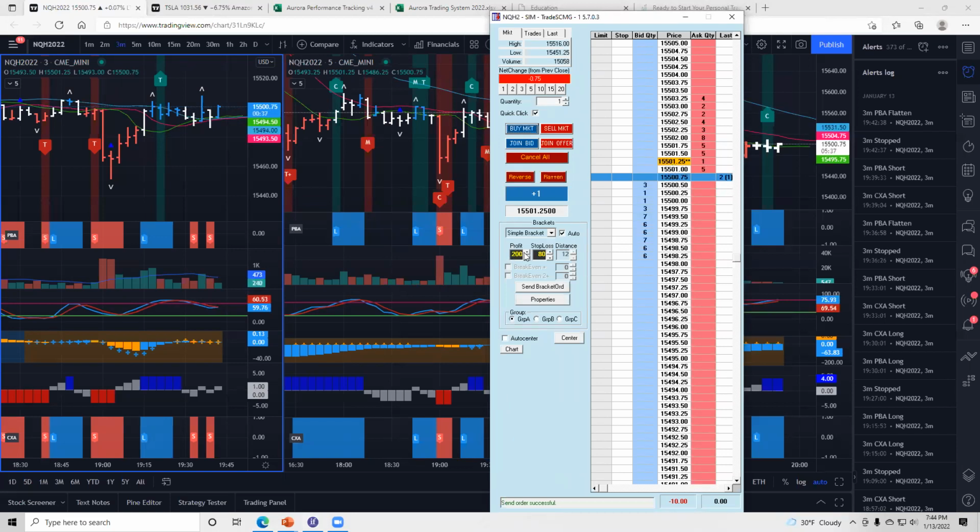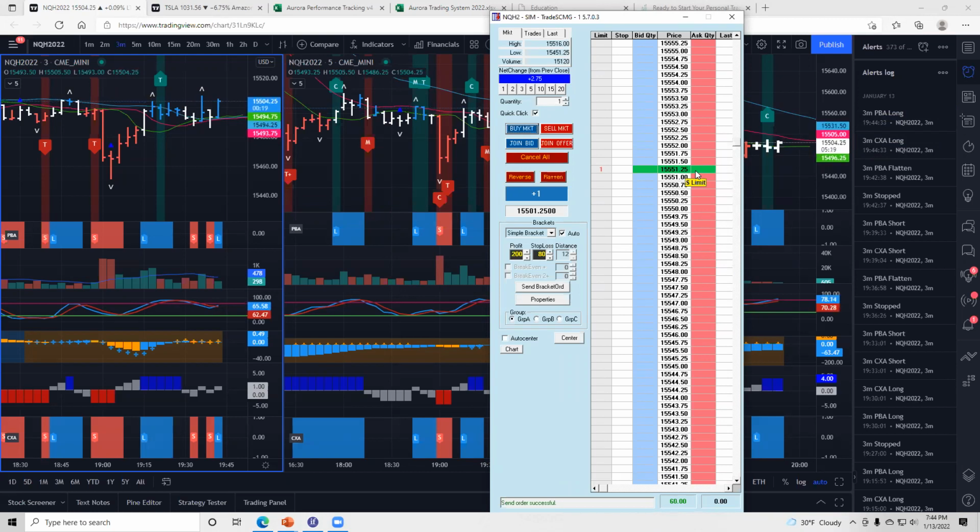The default stop is 20 points back. You'll see that at 481 and a quarter. And the default profit is 50 points higher, so it's going to be at 551 and a quarter. I'm just going to scroll up there once and show that to you.